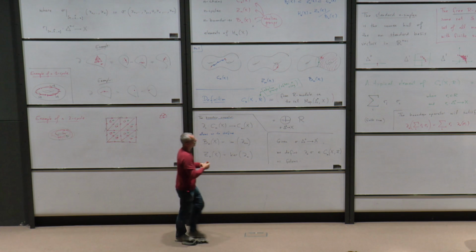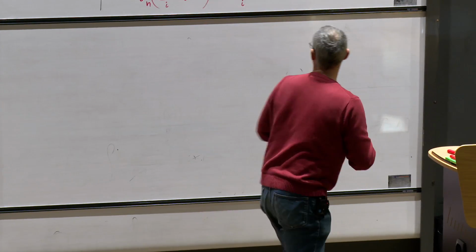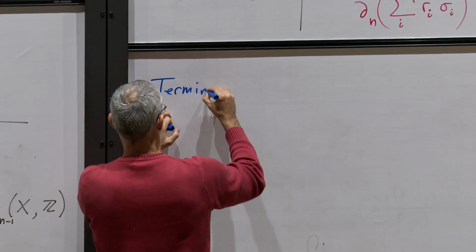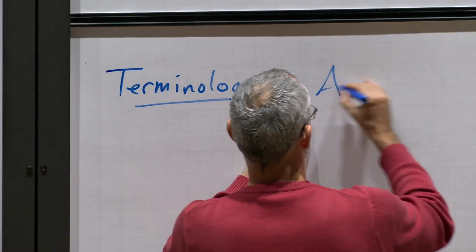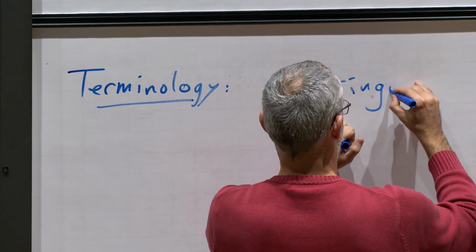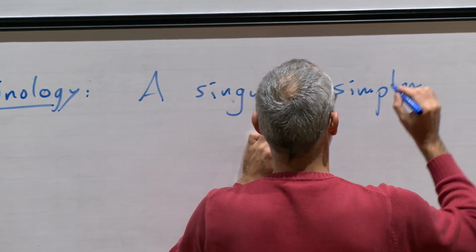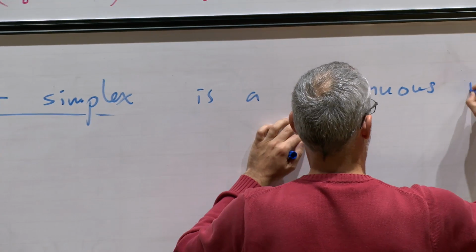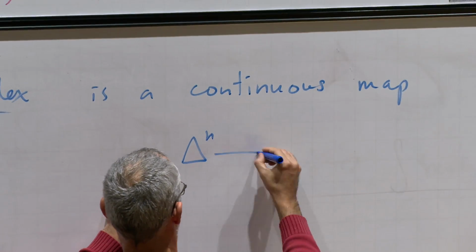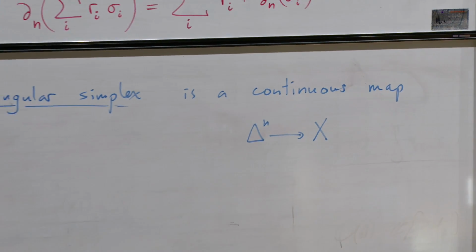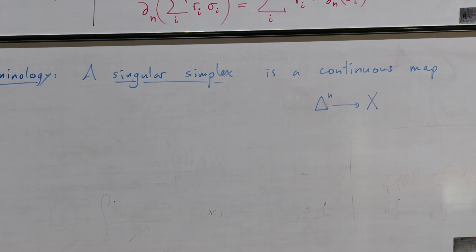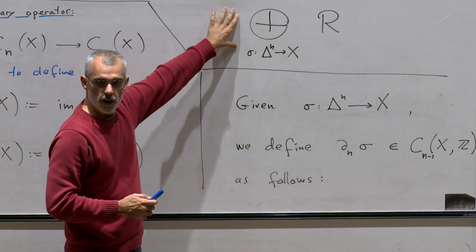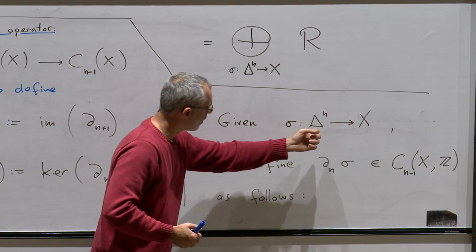Here's a piece of terminology. A singular simplex is a continuous map from a standard simplex into X. For example, when I say I want to define the boundary operator on this group of n-chains, it's enough to do it on individual singular simplices.